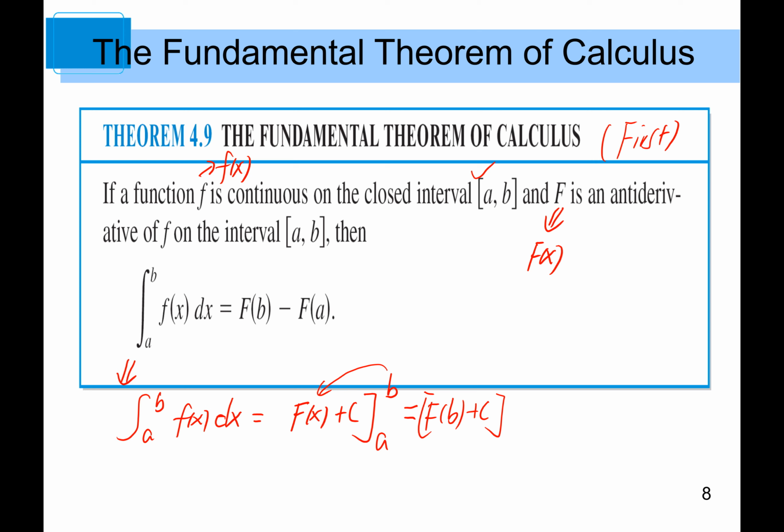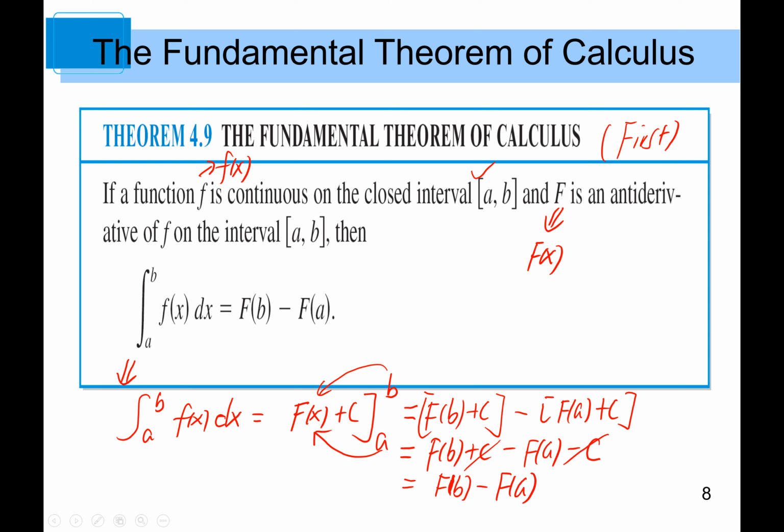And also you plug in a into the function, so you get F of a plus c. Now just expand it. You're going to see F of b plus c minus F of a minus c. As you can see, c was cancelled, and you end up with F of b minus F of a. And that's how they come up with the fundamental theorem of calculus.